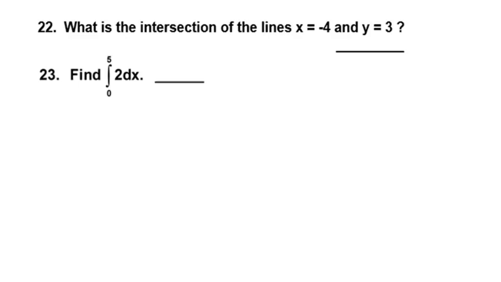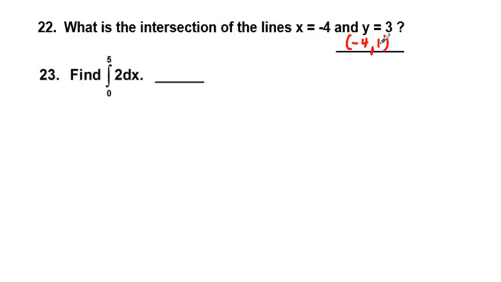Next problem. What's the intersection of the lines x equals negative 4 and y equals 3? And what I was looking for is a coordinate pair. A coordinate pair has to have some basic components. You have to have two numbers separated by a comma and surrounded by parentheses.